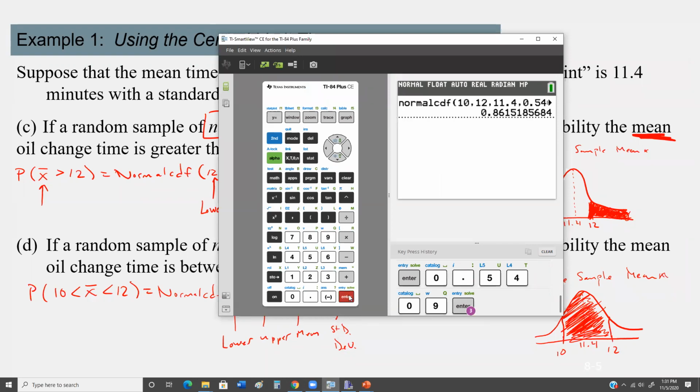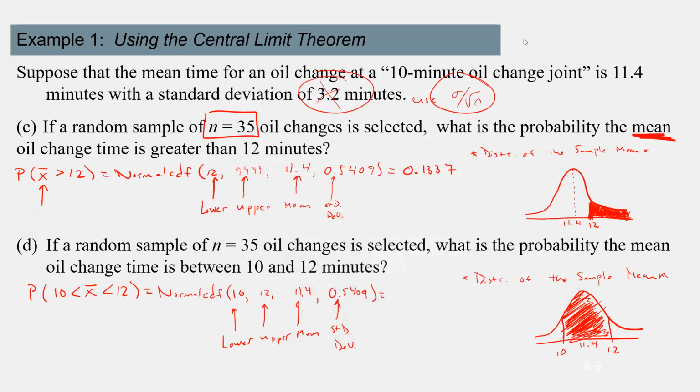How many people, if you did it in your calculator, got this right here? Awesome. Okay, so it's 0.8615. Not too bad?